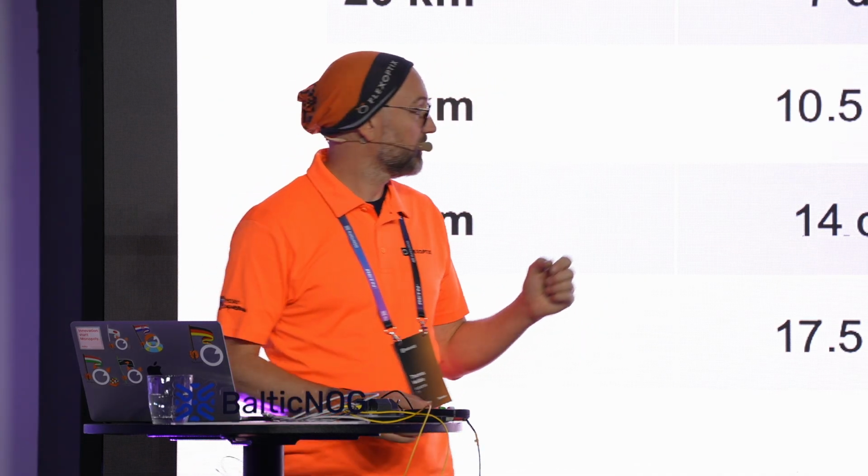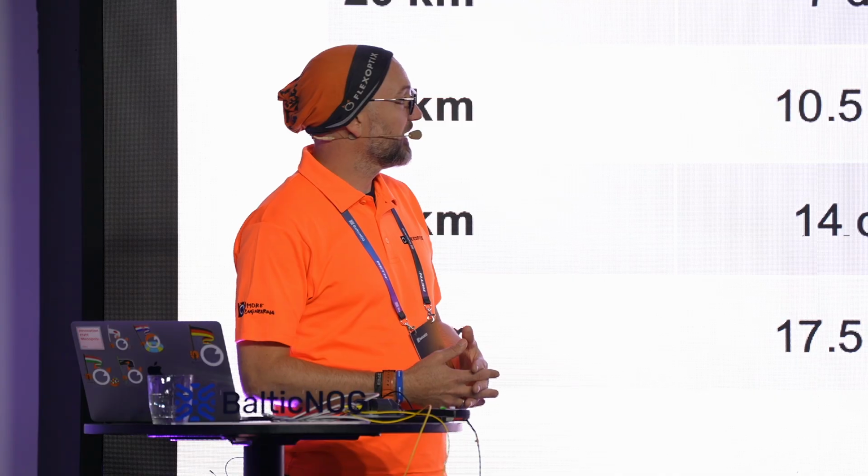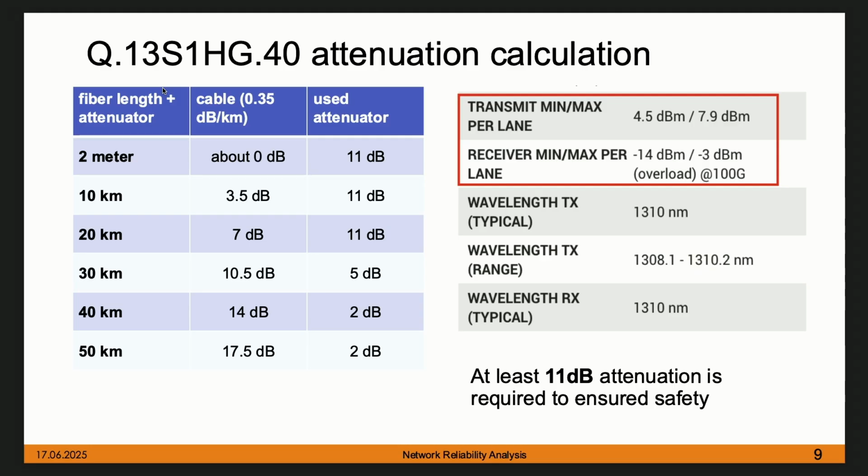So when we look at the red rectangle, especially on the receiver's minimum, which is minus 14 dBm, that's where we wanted to look at what's going to happen when we are close to that value for various distances on the fiber span.